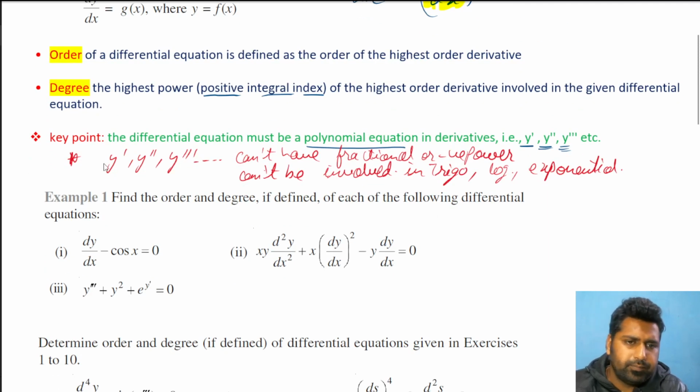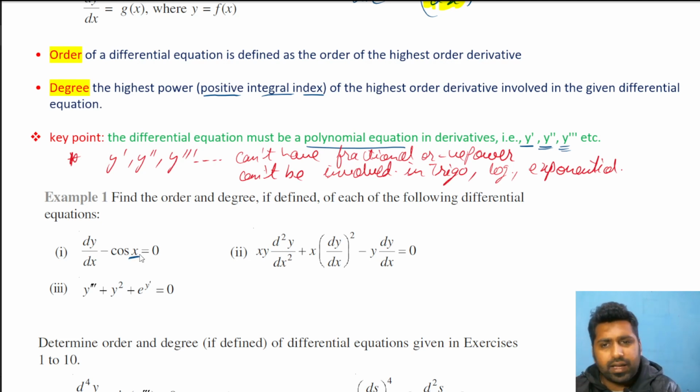All right. Let's look at questions and try to understand these definitions with the help of examples. The first question, dy by dx minus cos x. Cos is there, fine, but inside x is there. We are not worried as long as it has x or y. Y can also be there. The problem is that y dash, y double dash, y triple dash and so on can't be with the trigo or anything else.